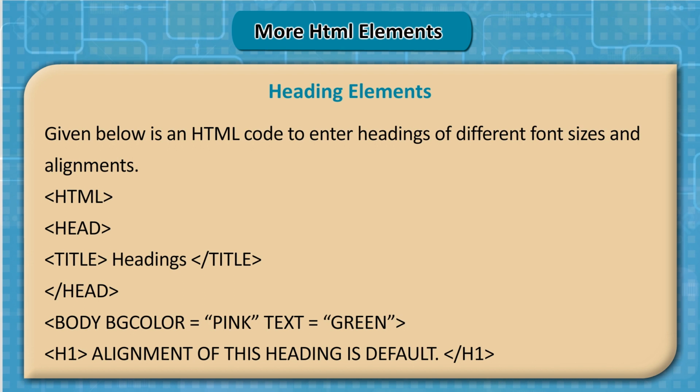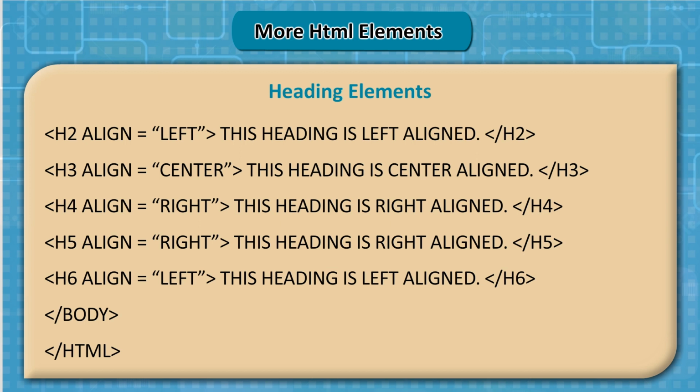Given below is an HTML code to enter headings of different font sizes and alignments. HTML. Head. Title headings /title. /head. Body color pink, text green. H1 alignment of this heading is default. /H1. H2 align left, this heading is left aligned. /H2.